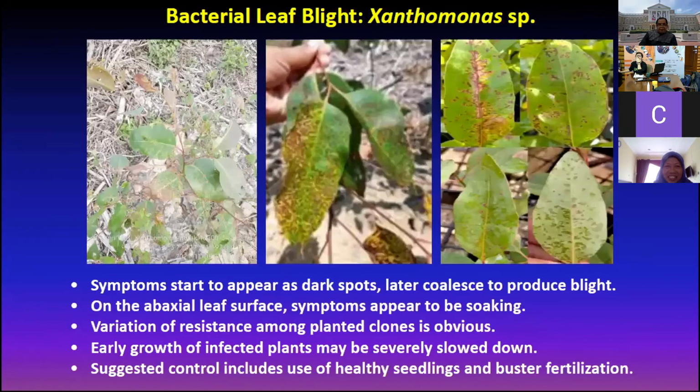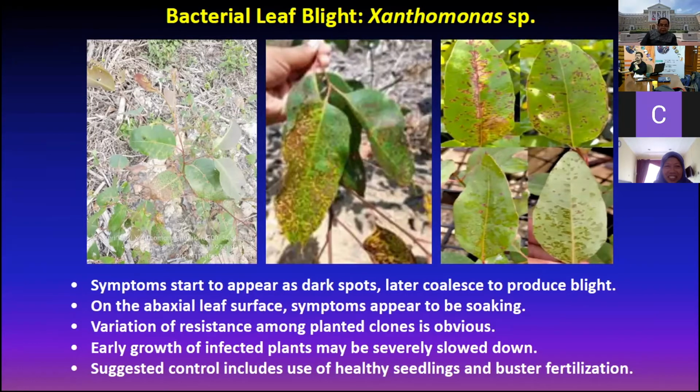The next one is bacterial blight. This is also not new, but its incidence has been increasing lately, especially this year. I don't know whether it's temporary or due to some changes in the environment, so the disease is occurring at a higher frequency.